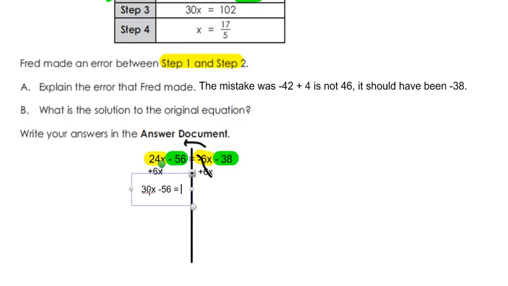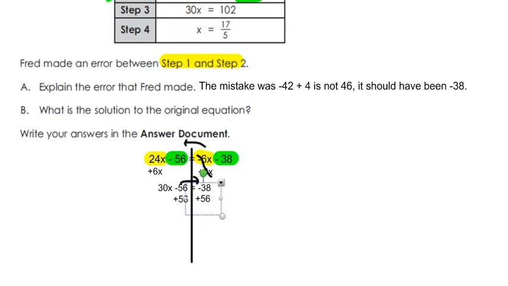And then on the right-hand side, we still have the negative 38, but not for long, because again, we need to take those numbers and get them over to the other side. So this minus 56, we cross the equal sign, we need the opposite to move it. The opposite of minus or negative is to add it, or positive. It doesn't matter, it's the same thing, however you want to think of it.